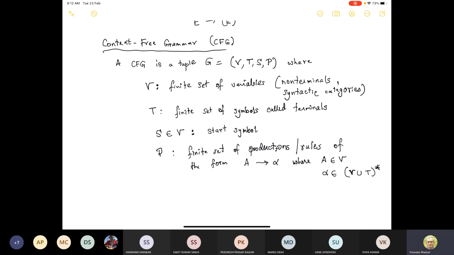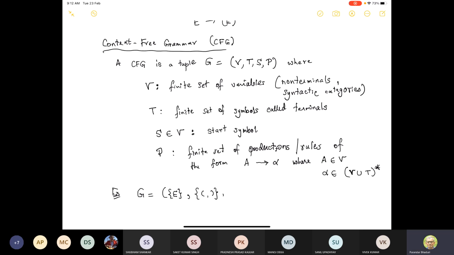Here's an example, the one that we just saw: the grammar for balanced parentheses. Here the only variable is E, and the set of terminals is just the left parenthesis and the right parenthesis.